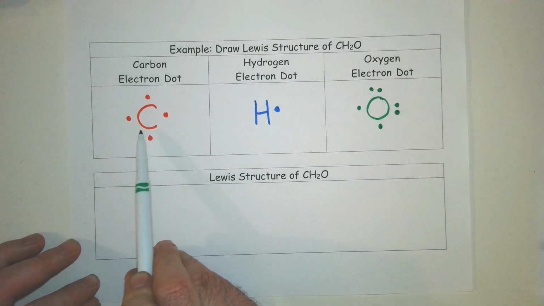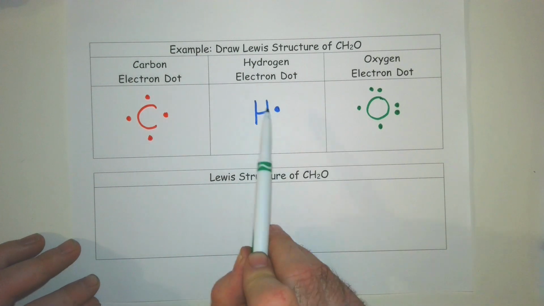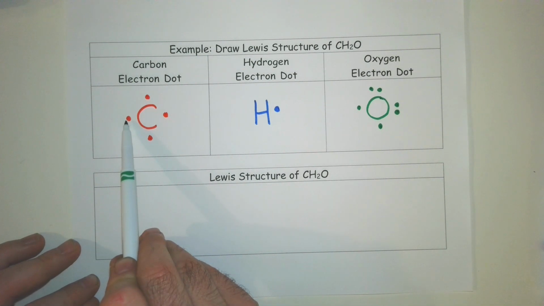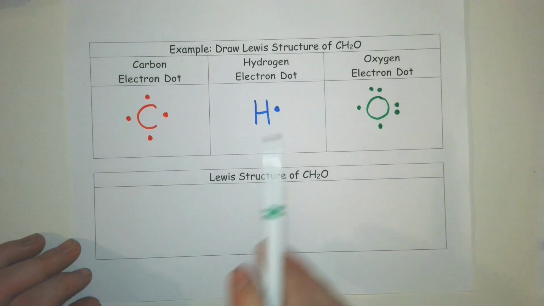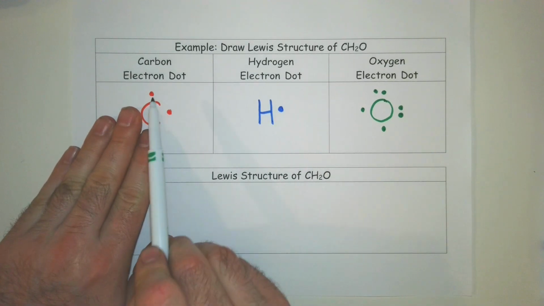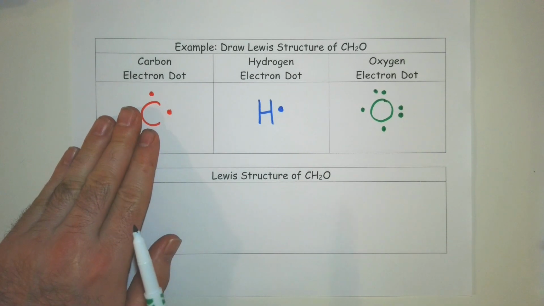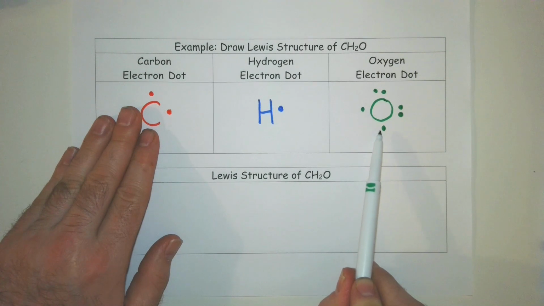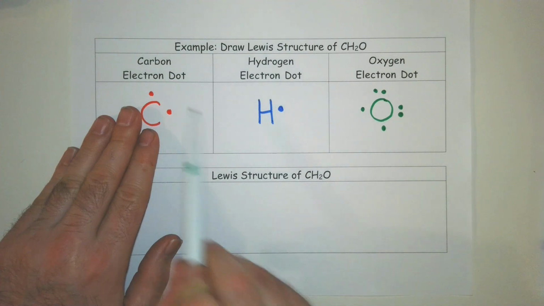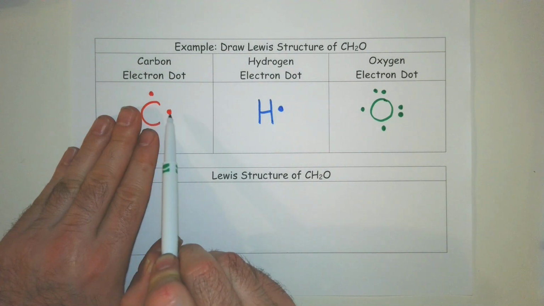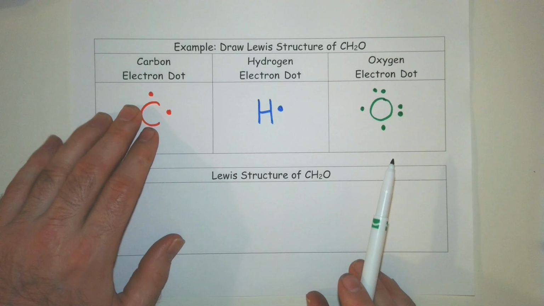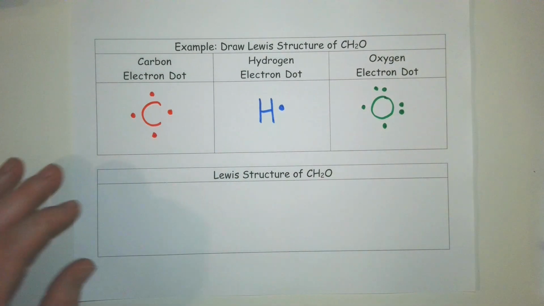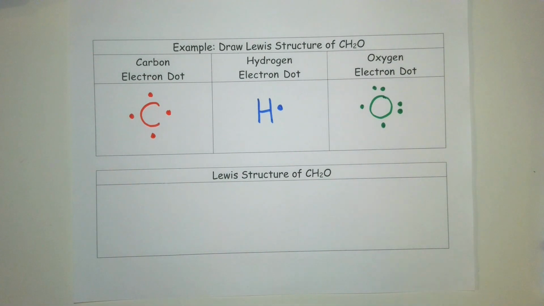So if we use 2 bonds to take care of 2 of those unpaired electrons, that means carbon will have 2 more unpaired electrons that need to connect. Well, lo and behold, look at oxygen over here. It has 2 unpaired electrons. So these 2 unpaired electrons can pair with both of the remaining carbon unpaired electrons, and so that'll be a double bond.